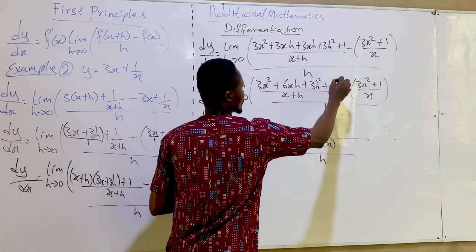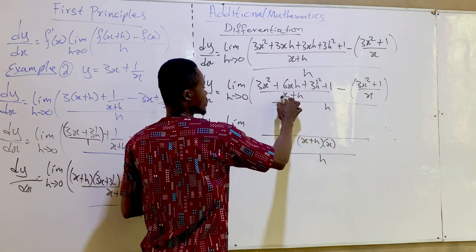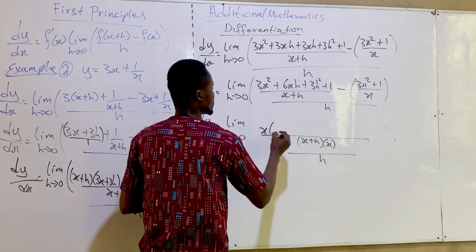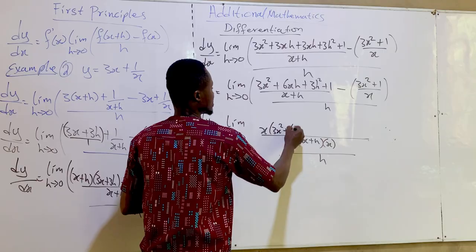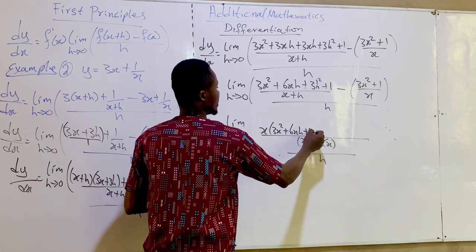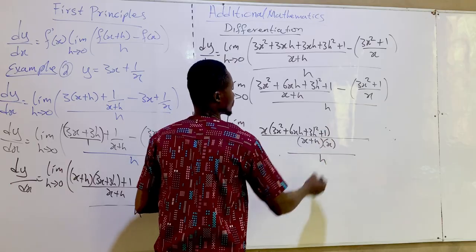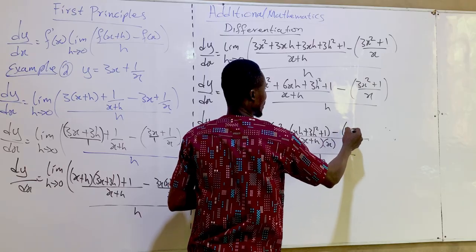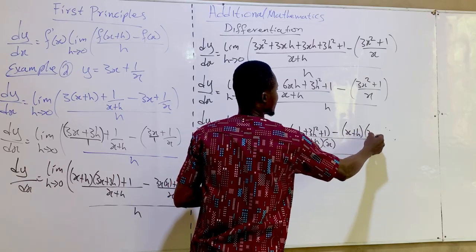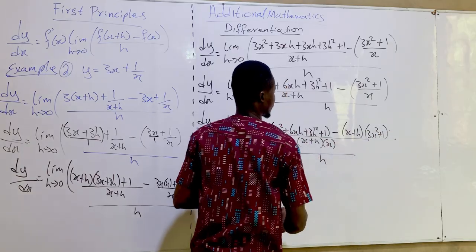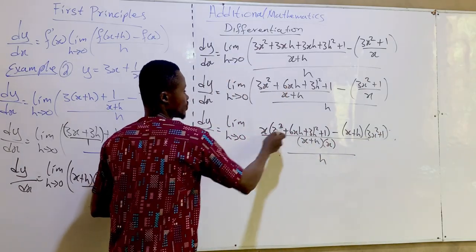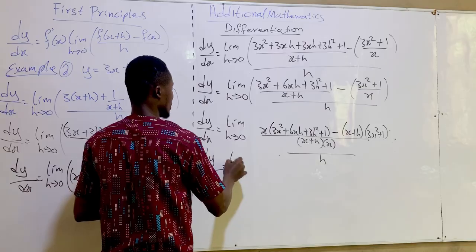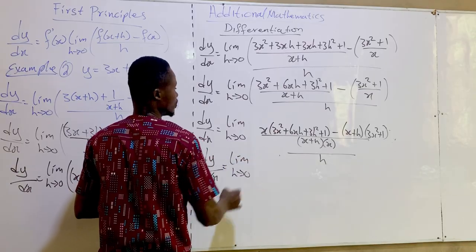Now, this goes here, it will be left with x, so the x will multiply all these. So we have x multiplied by (3x squared plus 6xh plus 3h squared plus 1). When this x also goes, it is left with x plus h, we will multiply this. So (x plus h) multiplied by (3x squared plus 1). Now we have to expand the bracket, so our dy over dx equals the limit h approaches 0.